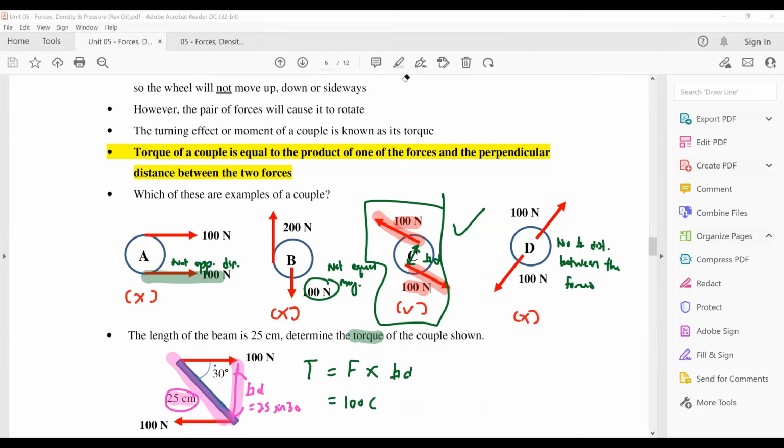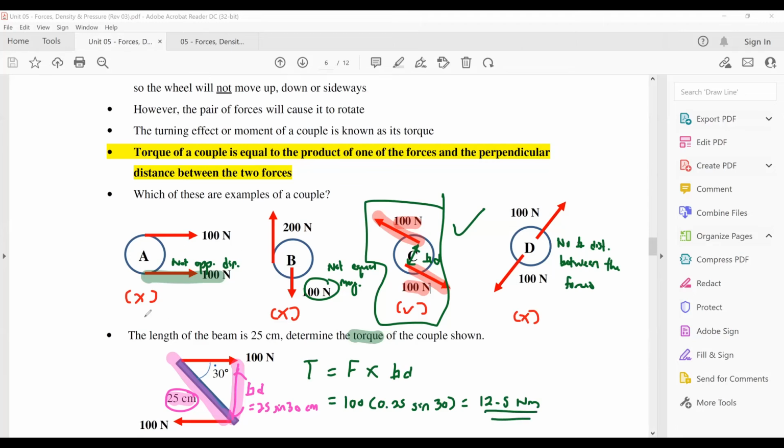This is in centimeter. I need to change it to meter. It will be 0.25 sine 30. So 0.25 sine 30 times 100, you're going to get 12.5 Newton meter.